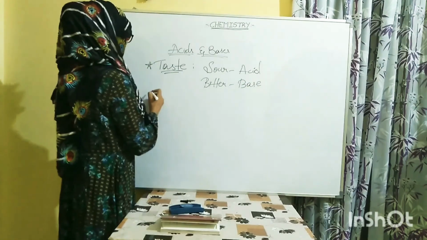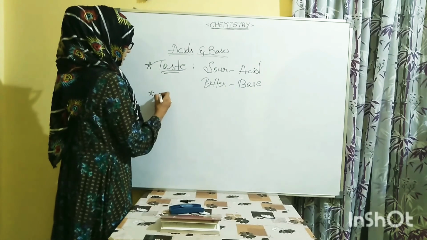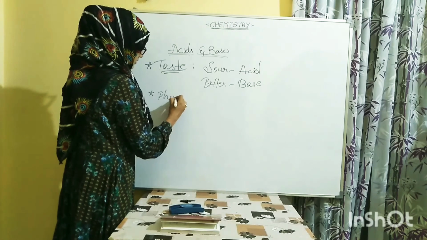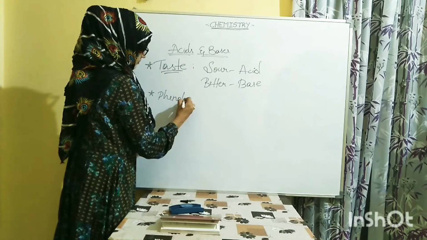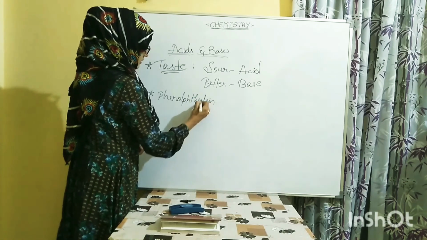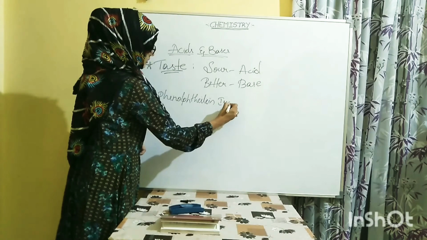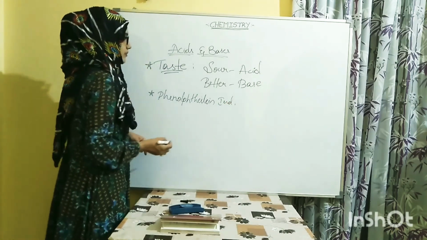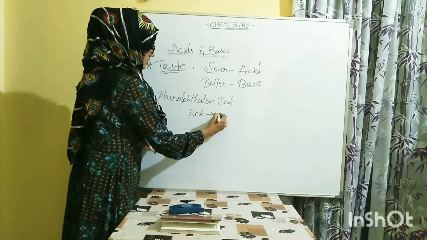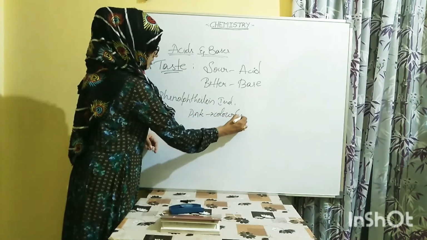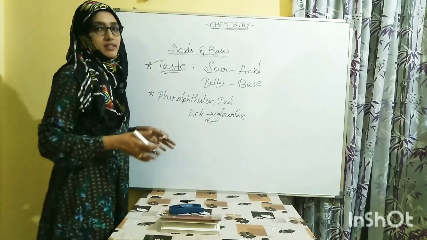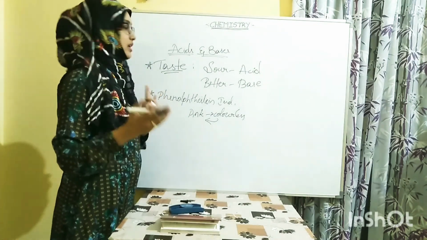And next, we were talking about the phenolphthalein indicator. It will change from pink to colorless or colorless to pink, and which will indicate to us the base or acid.